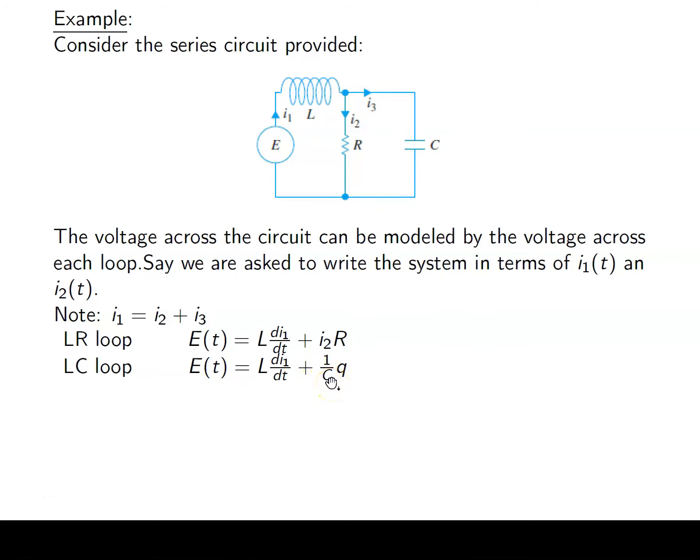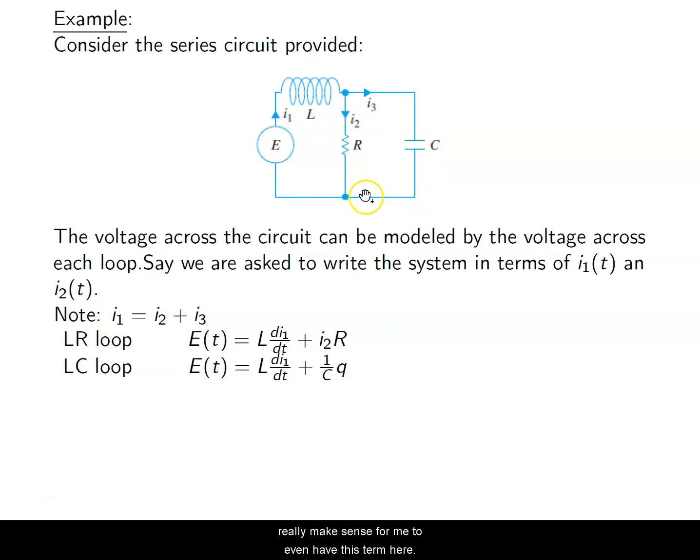1 over the capacitor. Now, what we want is to write this in terms of I1 and I2. It doesn't make sense for me to have Q anywhere, because wherever I have Q, I know that Q and I are related, so wherever I have Q, I should have an I. And if you notice, this Q over here is actually a charge coming from I3.